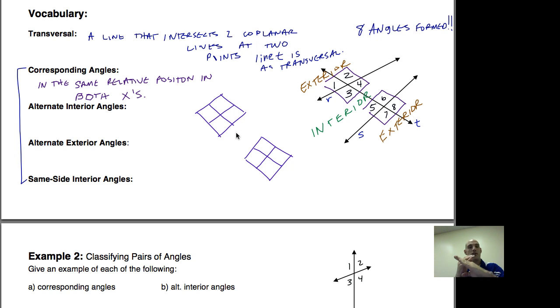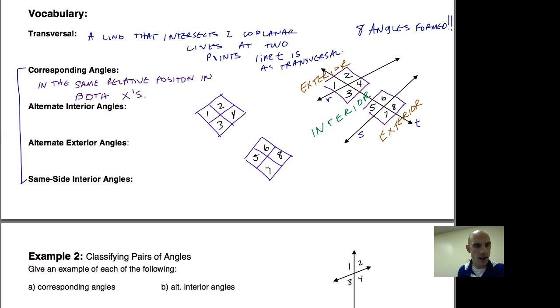And so I've got these 2 x's that are formed. Well, there's 4 angles in each x. Here's how they're labeled. 1, 2, 3, 4, and then 5, 6, 7, 8. And you can see that they correspond because there's like the left part and the right part and the top part and the bottom part.